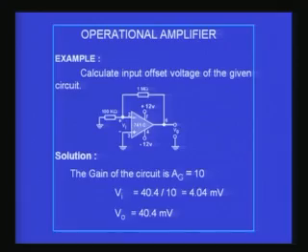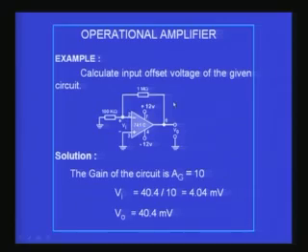Let us now try to take a simple illustrative example as a small problem and try to understand how we can calculate the output offset voltage or input offset voltage, as the case may be. I have given some specific numbers here. I have RF as 1 mega ohm in the circuit, 100 kilo ohm is the R1 value, and I now measure the output voltage.